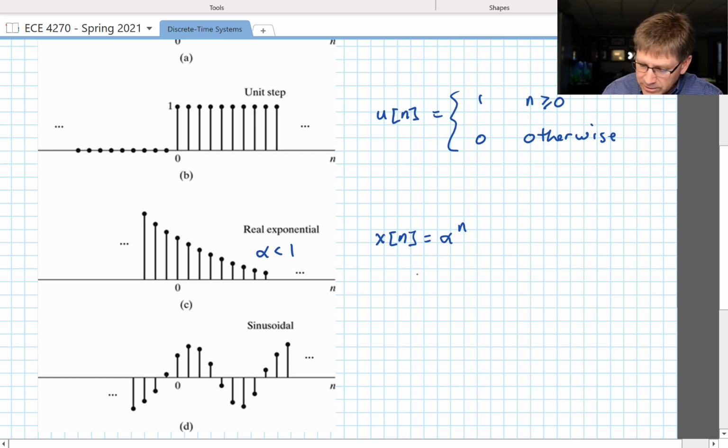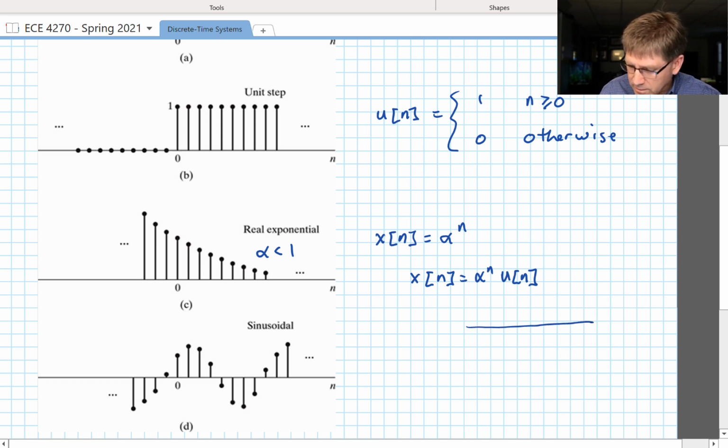It's very common to have something such as x of n equal to alpha to the n times u of n. And what's that going to do? This will give us a function that is 0 up until n is equal to 0, so it's 0 at minus 1, minus 2, and so on.